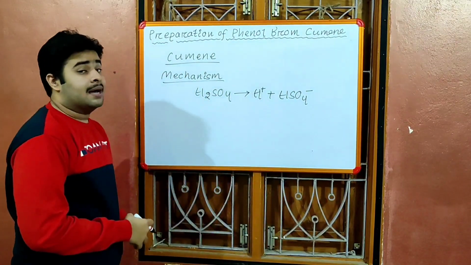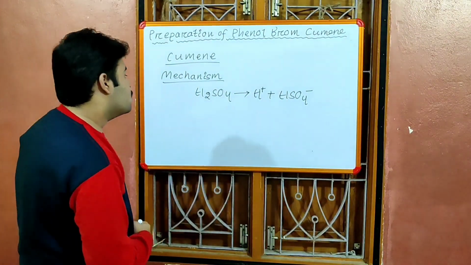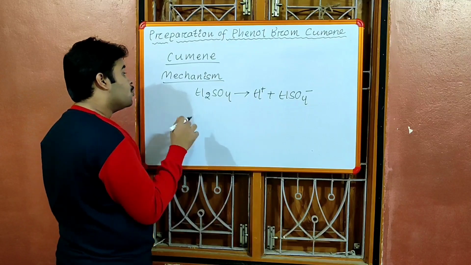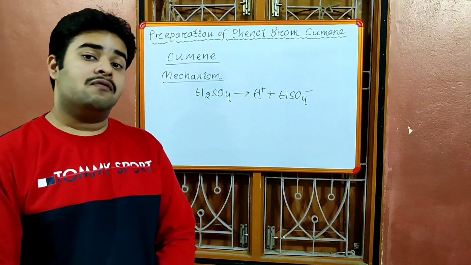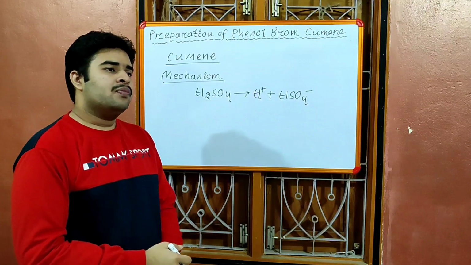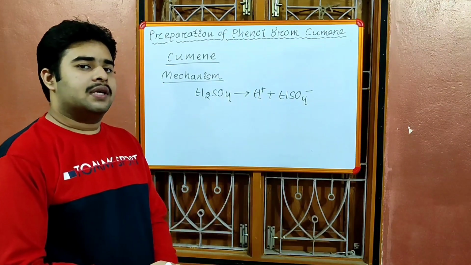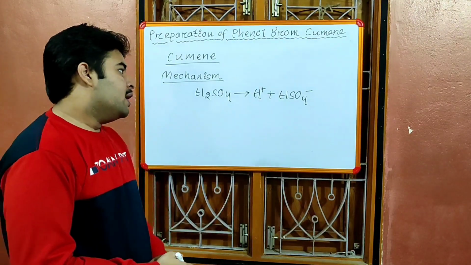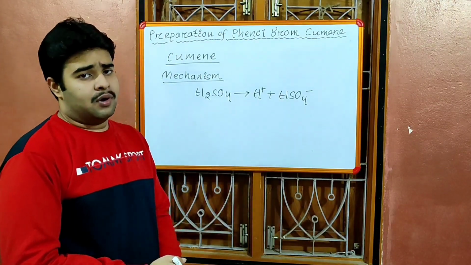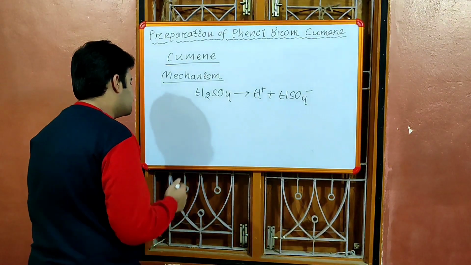Then what happens? With propene, as there is unsaturation, there is the presence of a double bond. So there is a tendency for negative charge to arise over either of the double bonded carbons. So what happens? We have to see.